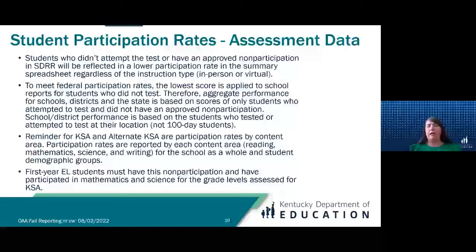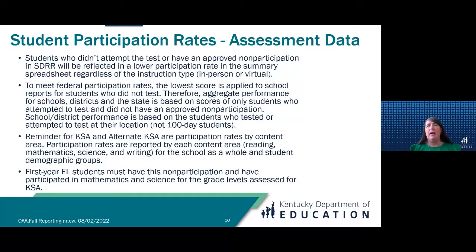For mathematics, that would have been grades 3 through 8, and then grade 10 for our high school students. And then we would have also had science, which would have been for grades 4, 7, and 11. So that would have been elementary, middle, and high school. They participated if they were assigned those particular grade levels.